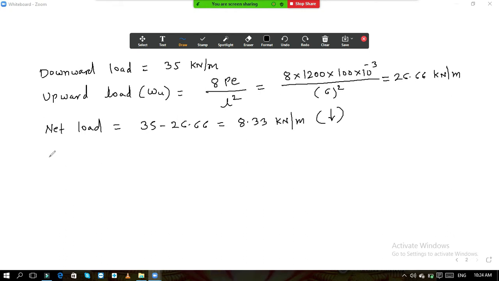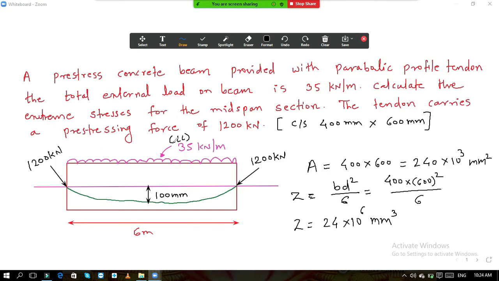Now we will calculate the moment, the bending moment due to live load, ML. Our tendon is now parabolic, and the acting load is UDL.